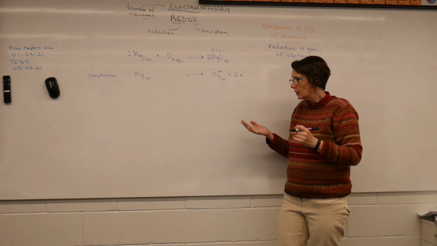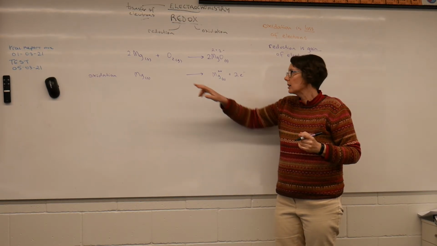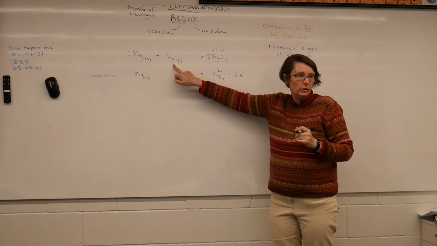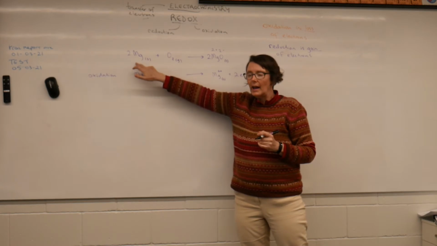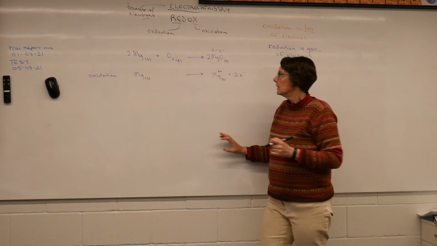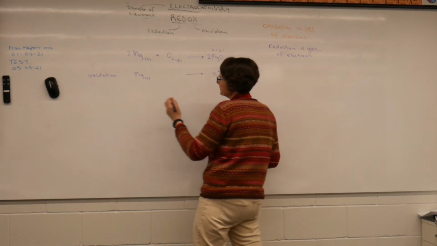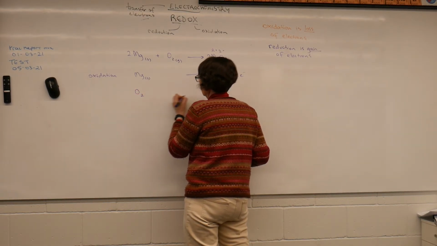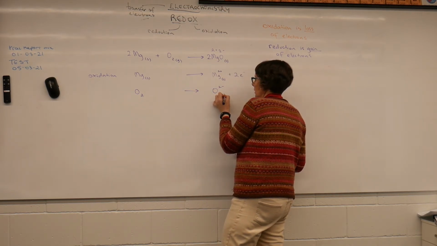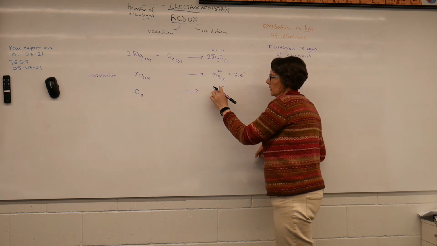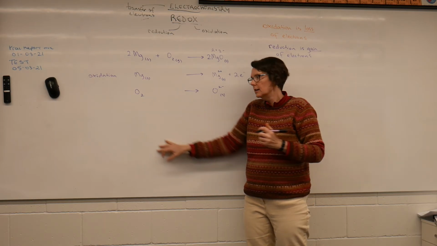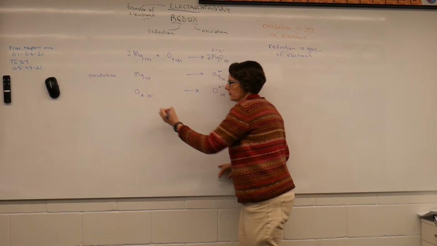And the reason why I like this one is because we are actually adding oxygen. Oxidation would mean adding oxygen, and in this example, we're adding oxygen to the magnesium to form magnesium oxide. So what's happening with the oxygen? Well, firstly, I'm starting out with oxygen gas, so it's O2.